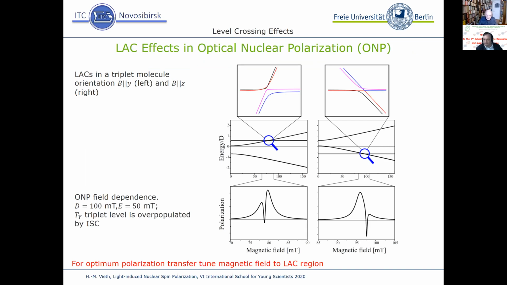First, it should have a selective population via the excited singlet state, then going to the electronic triplet state.